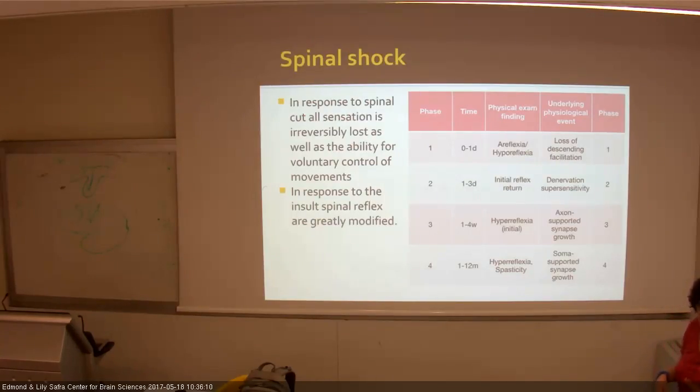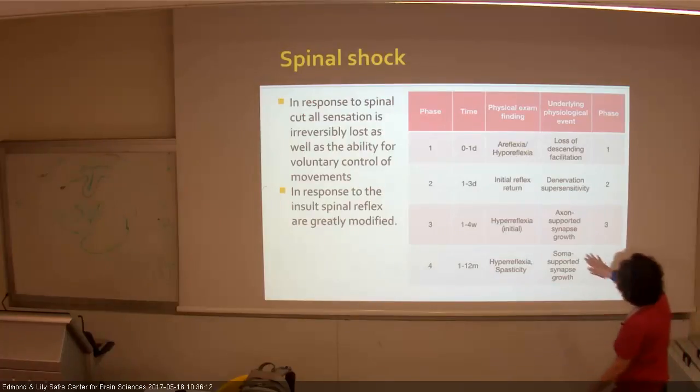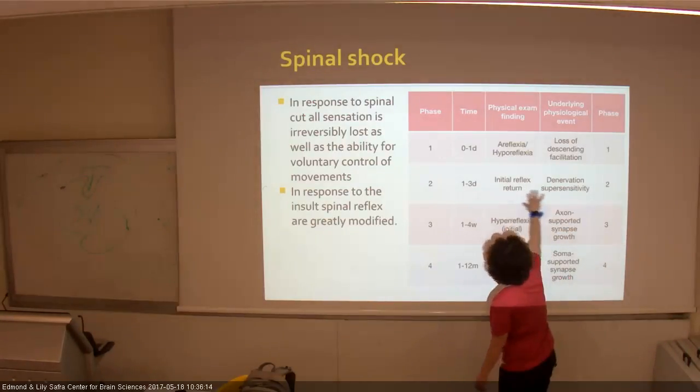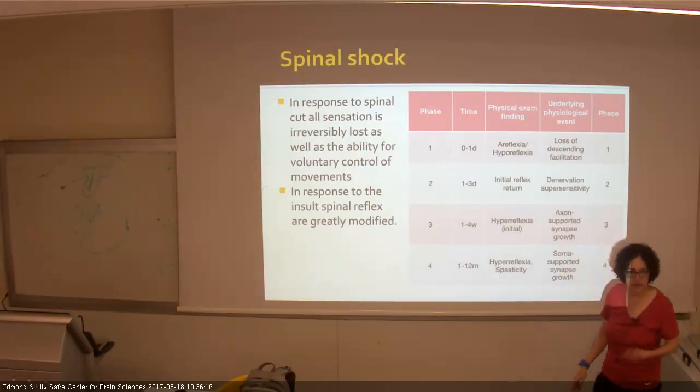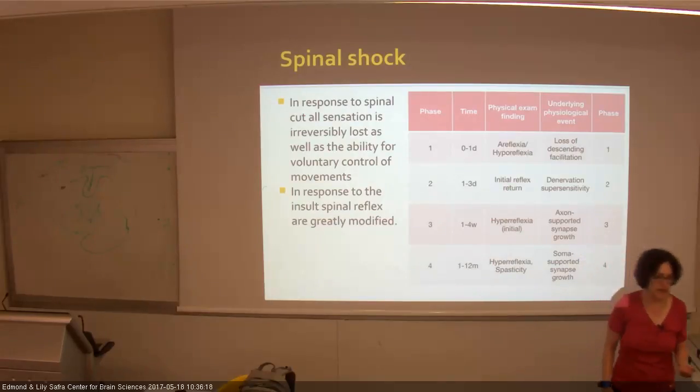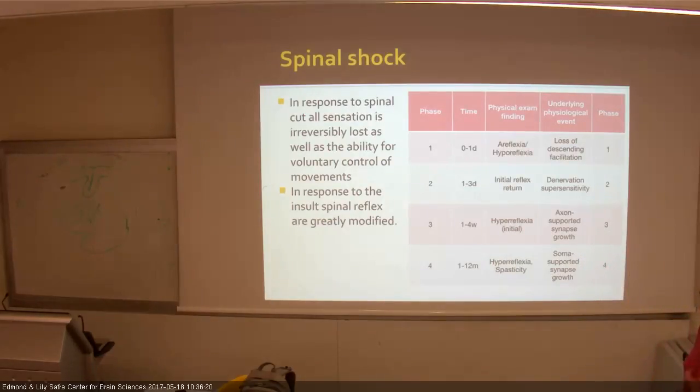So this is the first day after the injury. Then, within one to three days, reflexes start to build up. The spinal system basically lost all sources of descending input, which includes the brainstem pathways, the cortical pathways, the aminergic pathways.